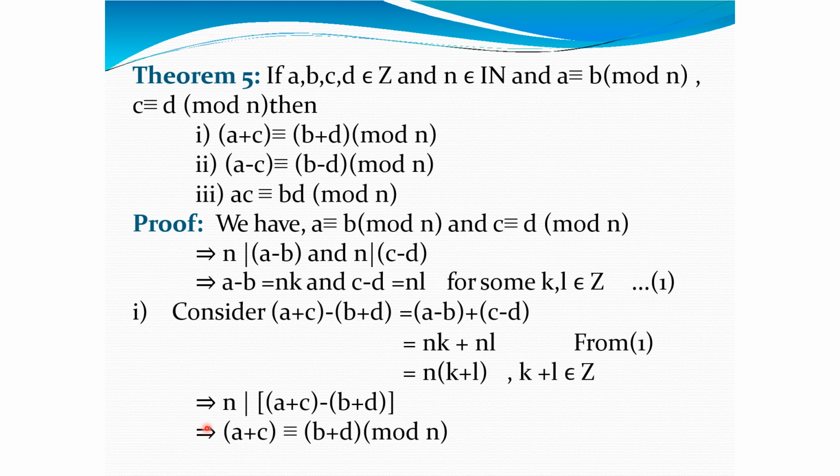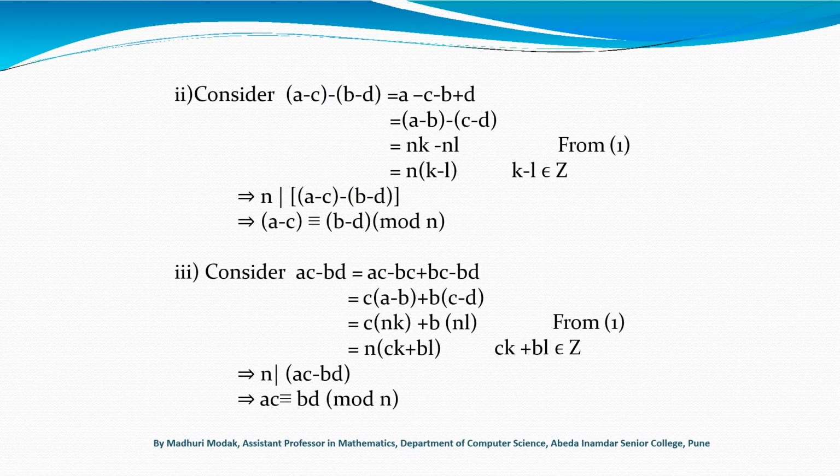In a similar way, we can prove the second part. The only thing is, instead of a plus c minus b plus d, we have to consider a minus c minus b minus d. Now see the third part, ac is congruent to bd modulo n. So we have to show n divides ac minus bd. Here the first step is very important.